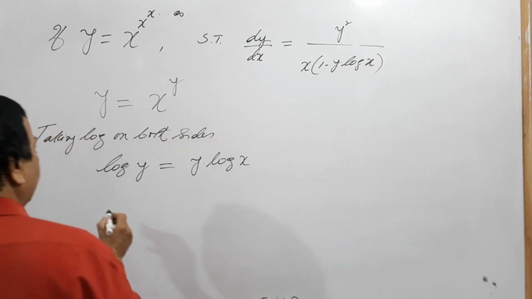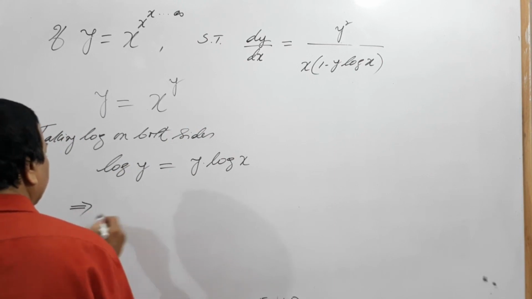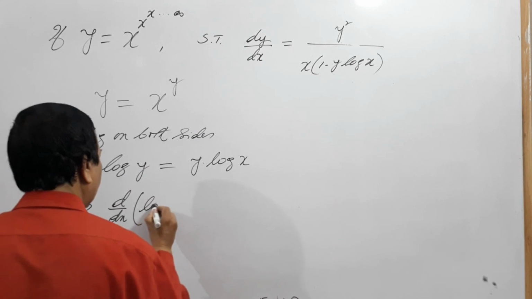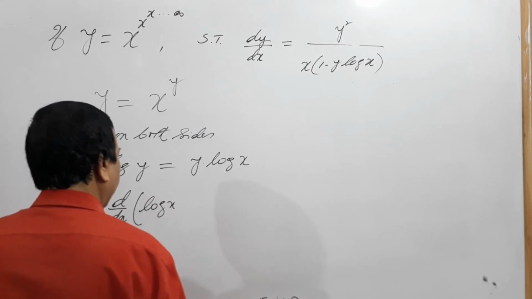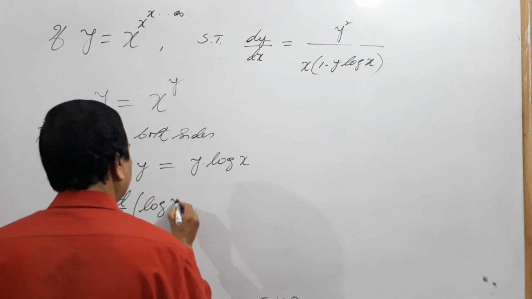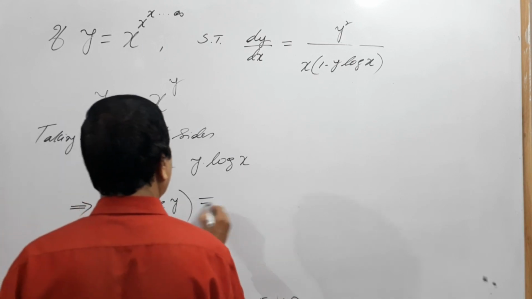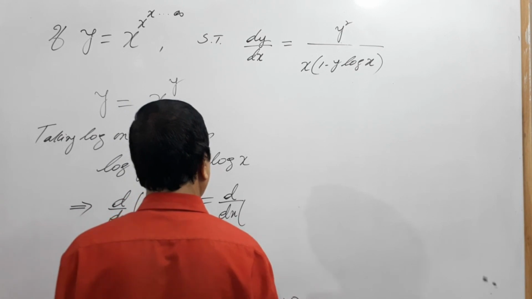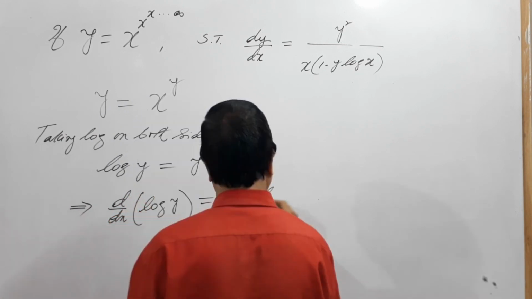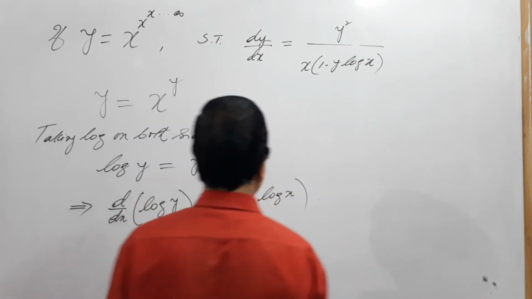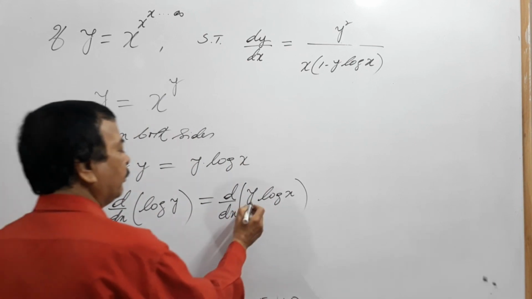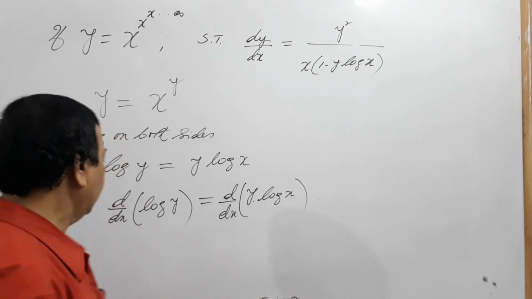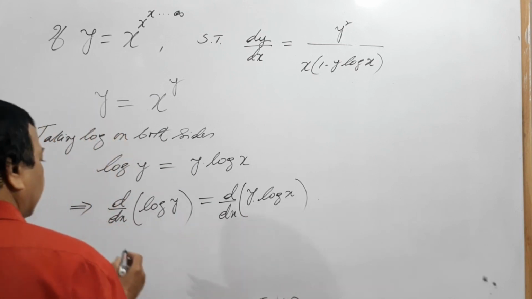Let's differentiate this. What happens to this? By differentiating, that is d by dx of log y equals d by dx of y log x. Here you have to use the product rule because we have two functions. So what happens here?